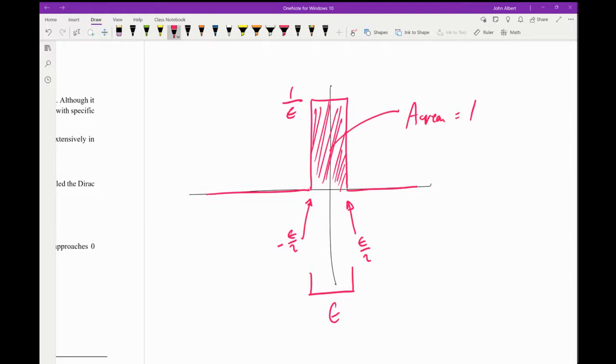Now, the definition of the unit impulse function is exactly this when you set epsilon to go to 0. As you make epsilon smaller and smaller and smaller, what happens? The width here goes to 0. What happens to the height? It will go to infinity. 1 over 0 becomes infinity.